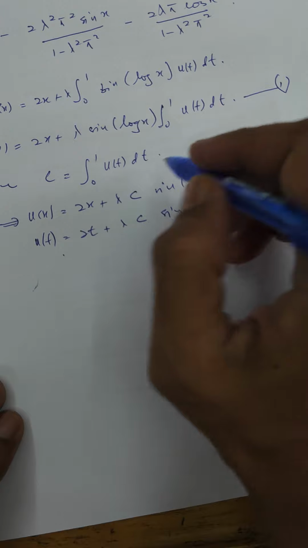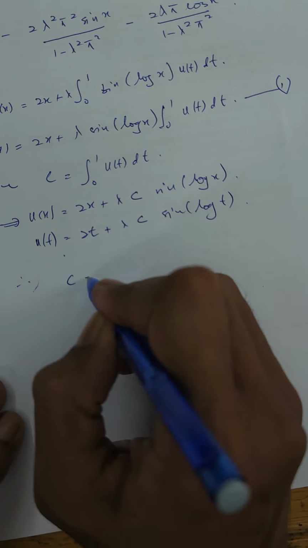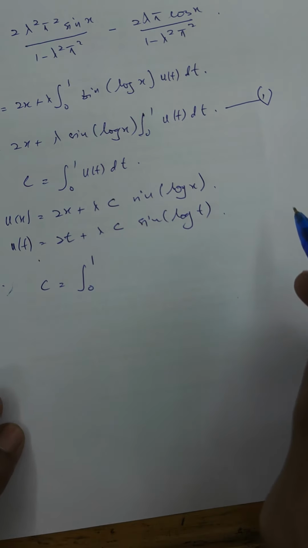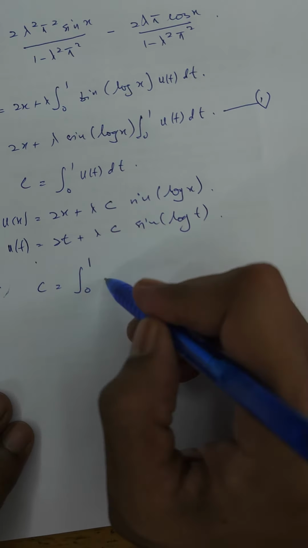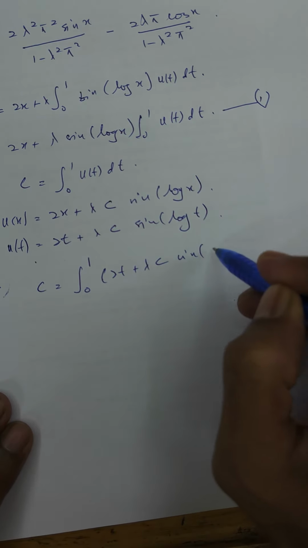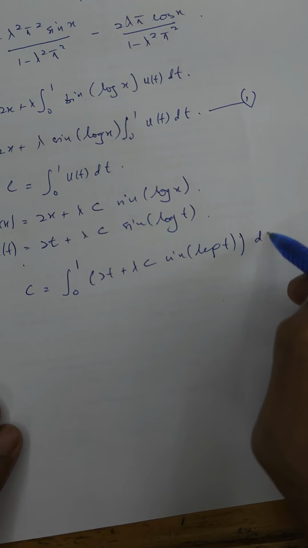Find c first. Then we have c is equal to the integral from 0 to 1 of u(t), that one is 2t plus lambda c sine log t, dt.